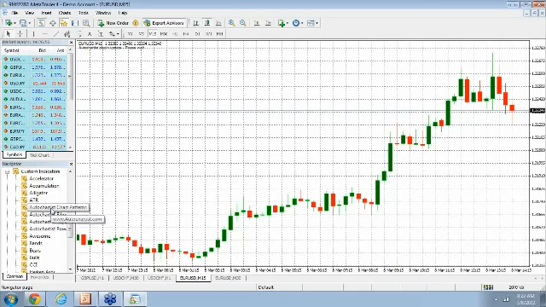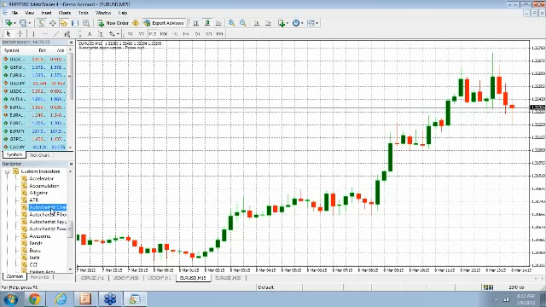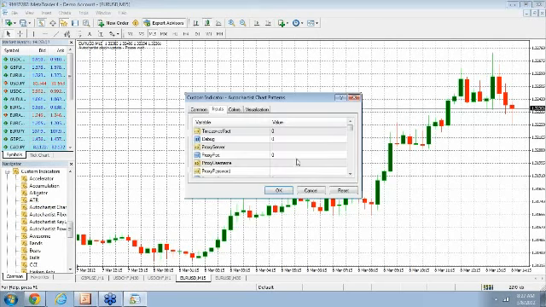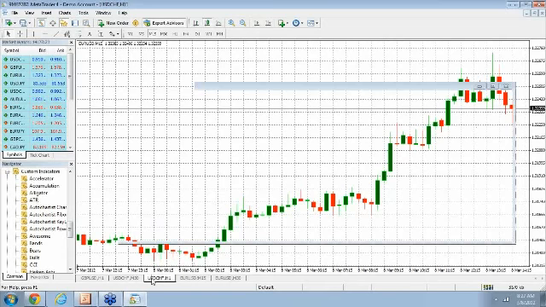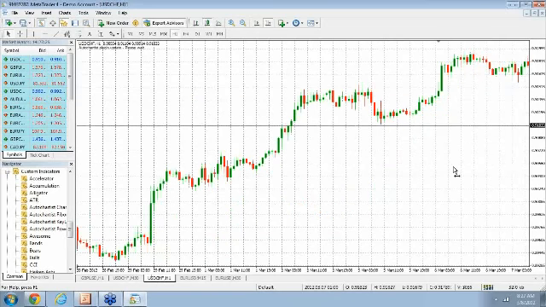After you verify that, you just grab it and drag it into the chart, and it's going to be read by the MT4 platform. If there's a particular chart pattern identified, it's going to show up on the screen. So it's very simple to drag and drop a pattern inside the platform.